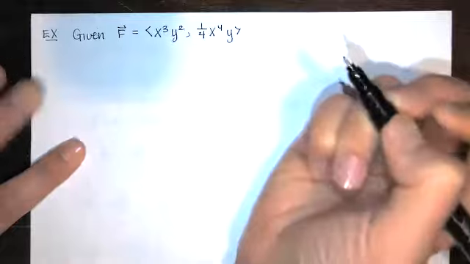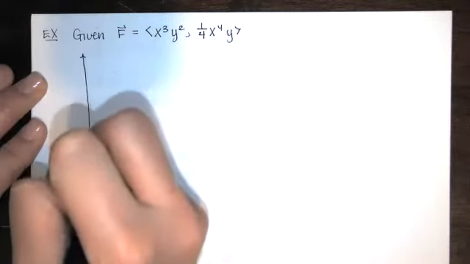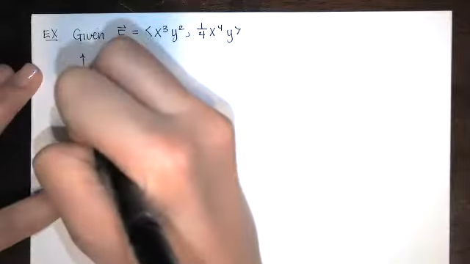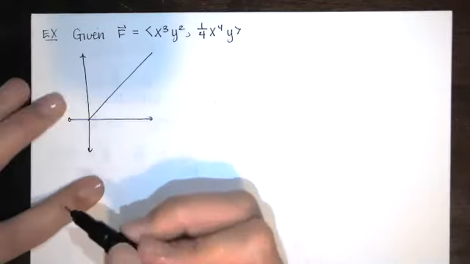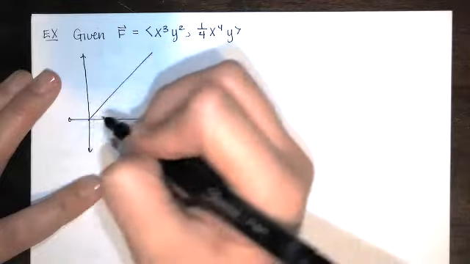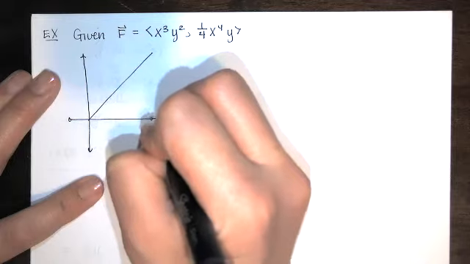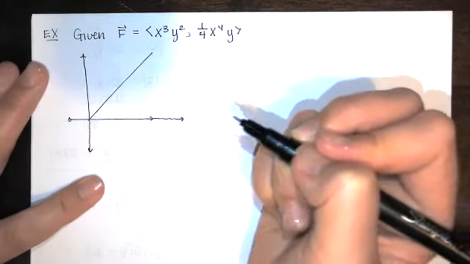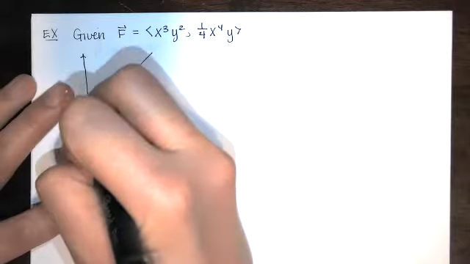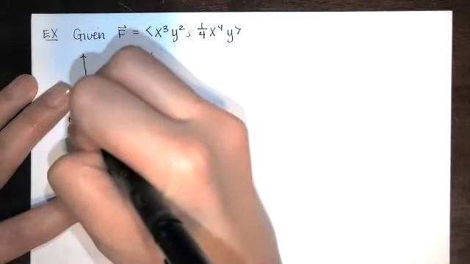So let's say we're given this field. And we're given a curve C, and C looks like this. It's given by y equals x on one boundary, and y equals x squared minus x on another boundary.